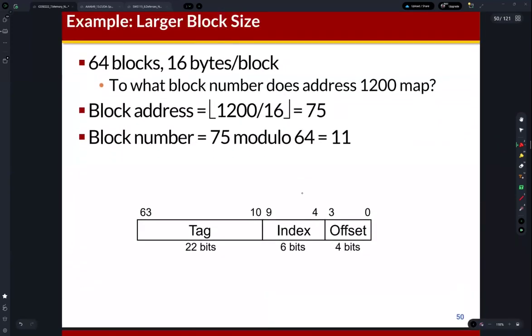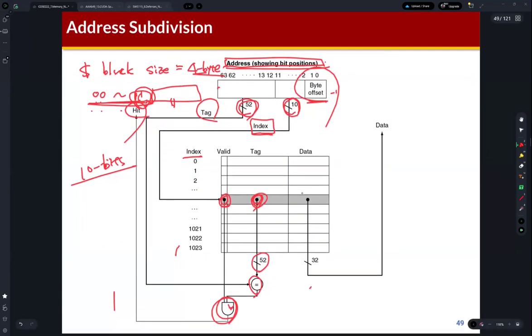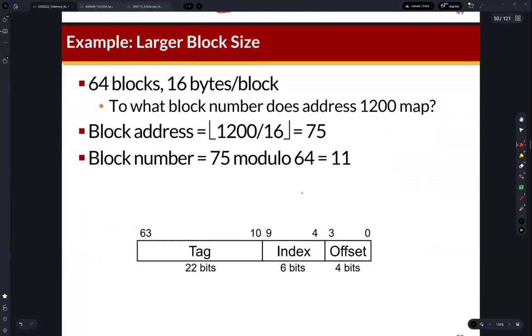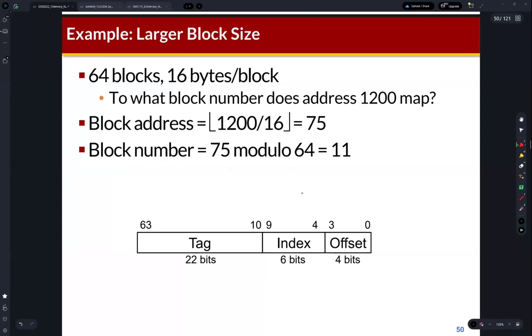Okay. So in this example, we just assume that a single cache block size is 4 bytes, but actually, as I mentioned, the normal cache includes large blocks. So this example shows that a single cache block size is 16 bytes, right?